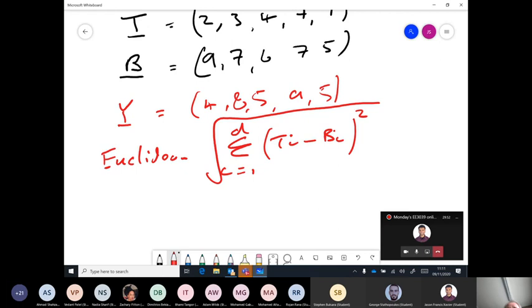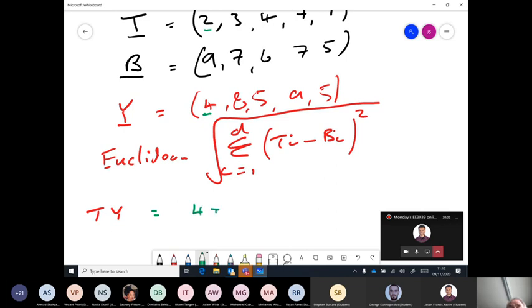And if I perform this equation for TY, in other words, the distance between the Trump reference and the Y pattern, it is going to be 4 minus 2 squared, and that is 2 squared, which is 4.